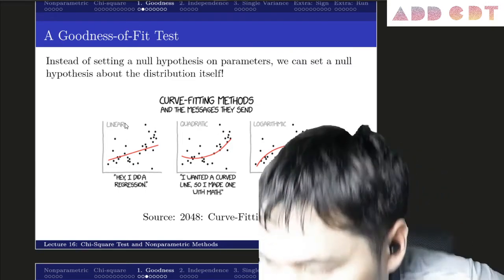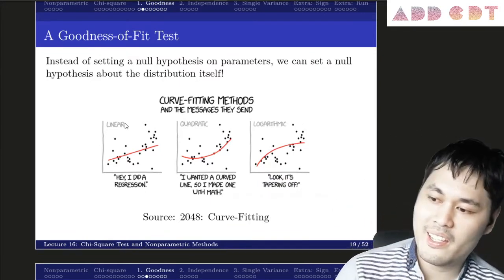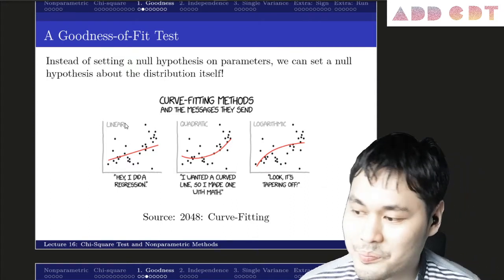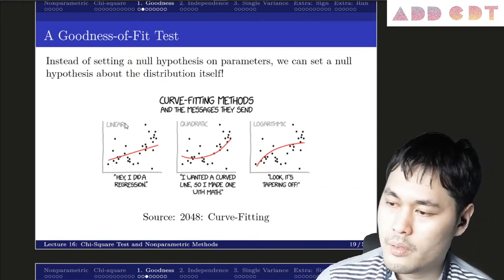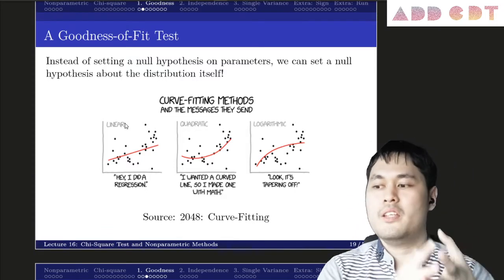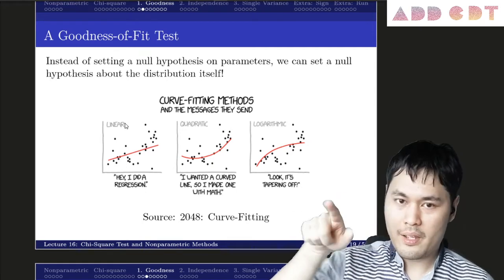So you just look at these comics, and you may have noticed that I enjoy taking comics from XKCD. Right. So one of the questions in statistics is that we have not so nice samples. From what you can see there, we have a graph.